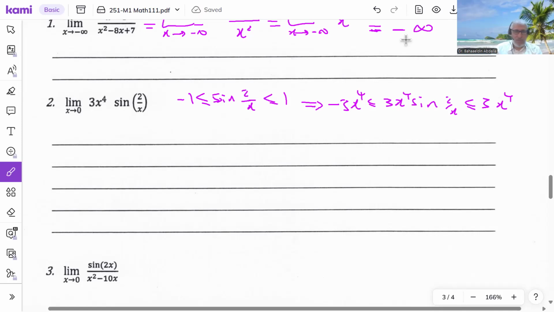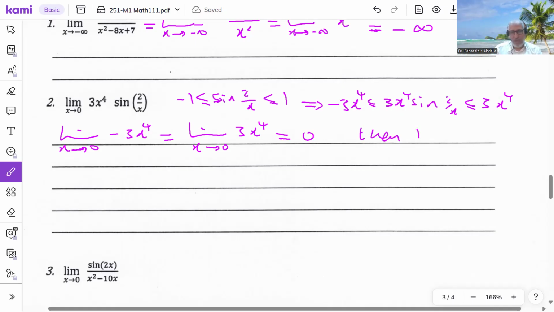Now, according to the squeeze theorem, I have to find the limit of negative 3x to the power 4 when x approaches 0, and the limit of 3x to the power 4 when x approaches 0. And if I replace x by 0, both limits would be 0.